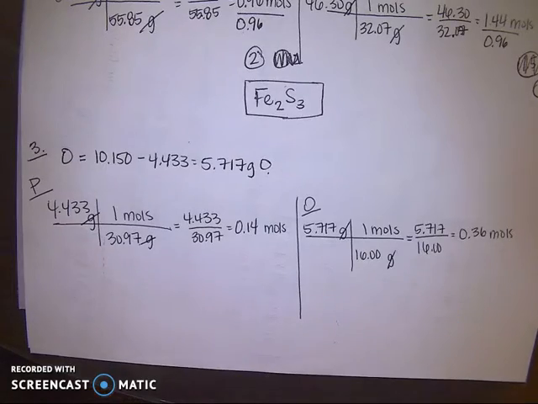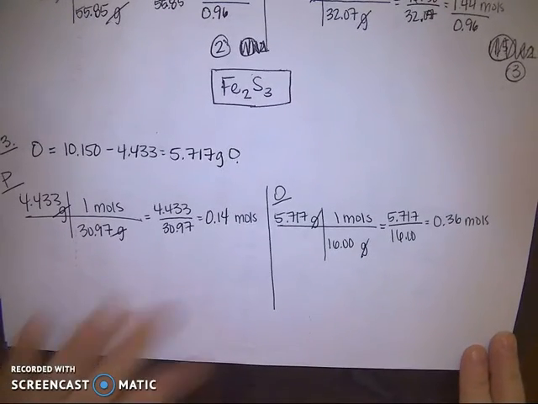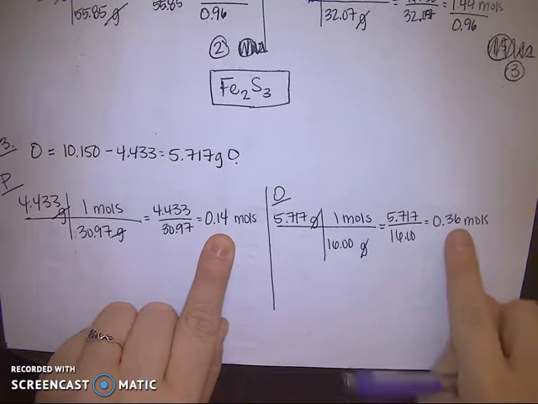All right? Second step. Which of your moles numbers is smaller, 0.14 or 0.36?